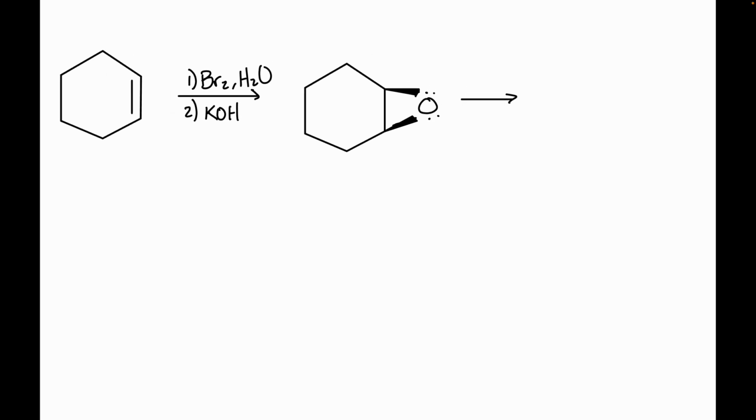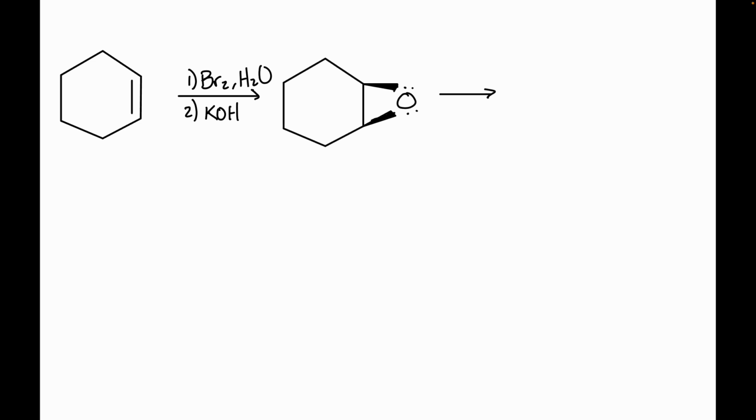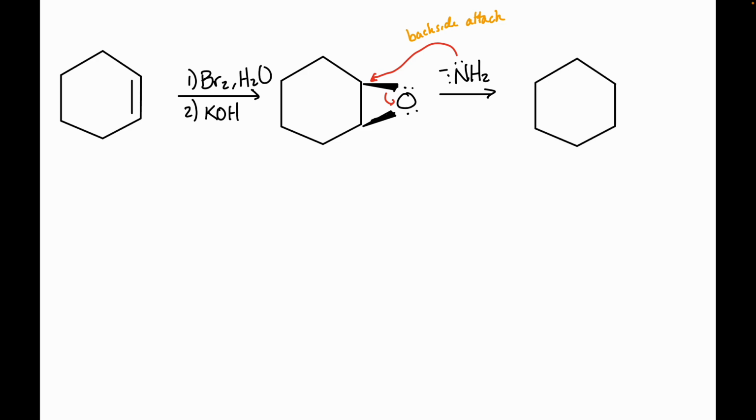Then if we followed this up with some nucleophile, let's do this amide ion here. It again has to attack from the opposite side, which means that my two functional groups will be pointed on opposite sides of the ring.